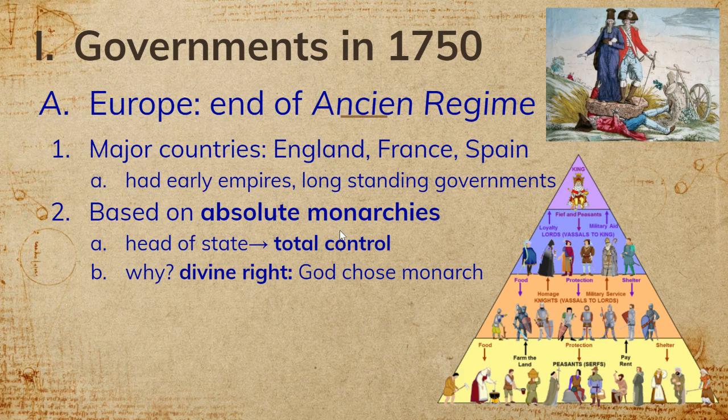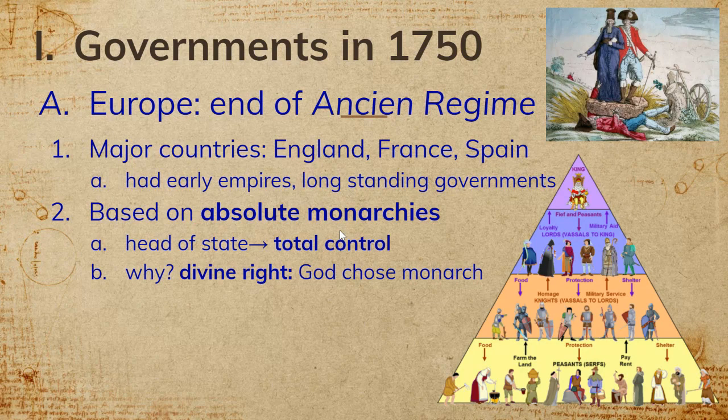So we are starting modern world history in about 1750, and that's really when historians believe that the modern era truly begins. And the reason for this is because we see a lot of major political shifts around the globe. So starting with Europe, this is the end of the Ancien Regime, which is just a fancy French way of saying ancient regime.